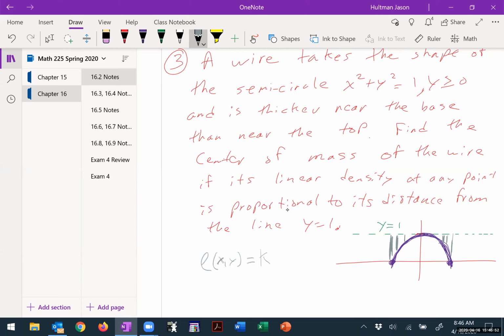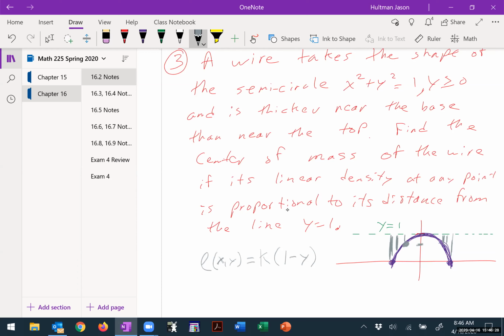Wouldn't that be 1 minus the y component? So if the y component here was, say, 2/3, then wouldn't the distance from the line y equals 1 be 1 minus 2/3? That makes sense? And then some sort of proportionality constant as well.